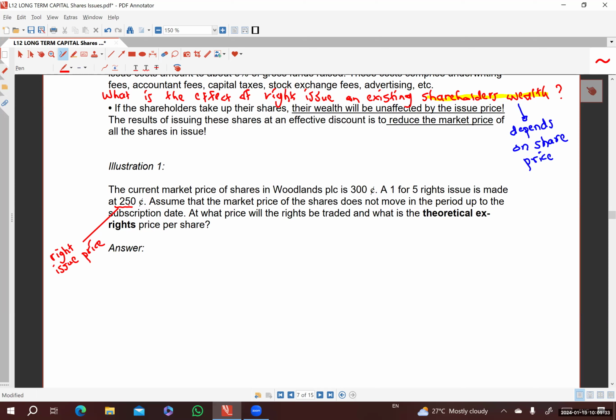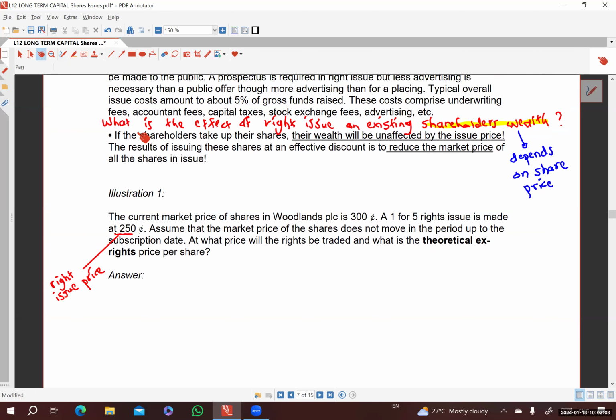So you see, $2.50 is lower than $3 now, issued at a discount. Assume the market price of the share does not move in the period up to the subscription date. At what price will the rights be traded? And what is the theoretical ex-rights price? Now, my objective is to answer this question.